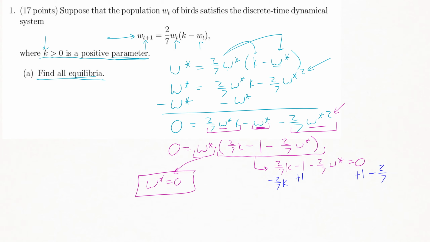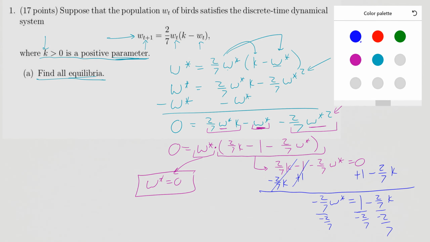From there, 2/7 k minus 2/7 k would cancel out, and minus 1 plus 1 would cancel out. What we're left with is minus 2/7 w star is equal to 1 minus 2/7 k. At this point, to get w star by itself, I just need to divide every piece by minus 2/7.